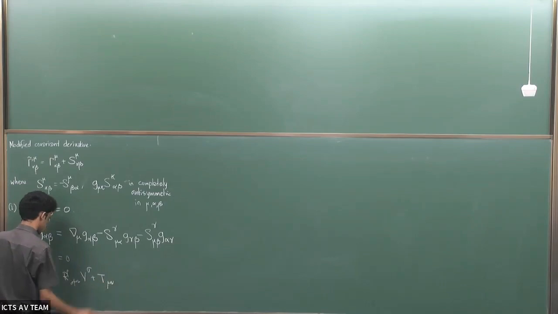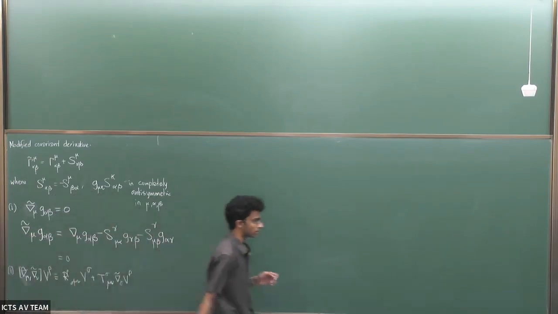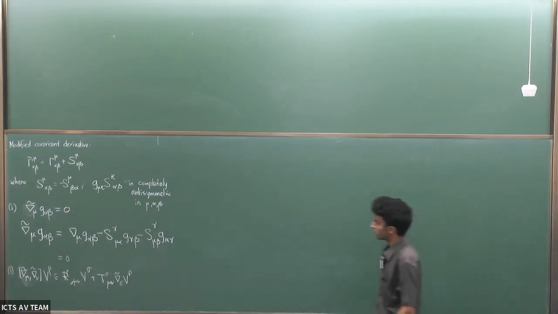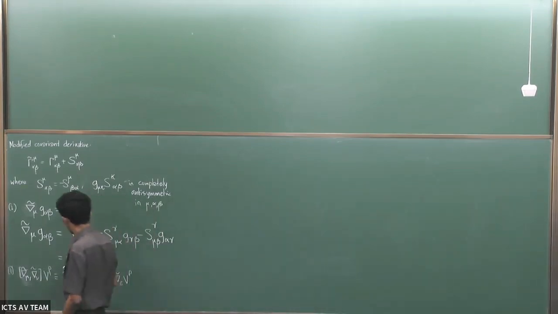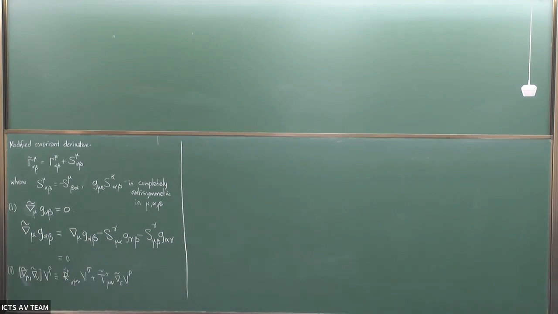I think this is how he defined it, let me just make sure. Yeah. So now the question is to find R tilde and T tilde in terms of R and the usual covariant derivatives.